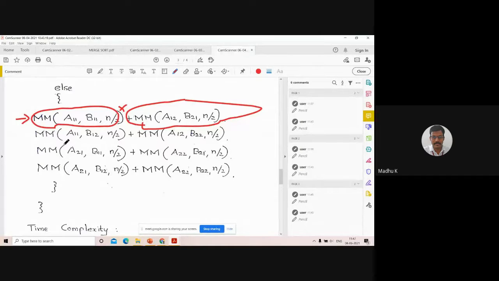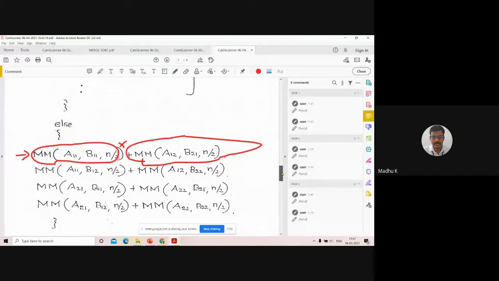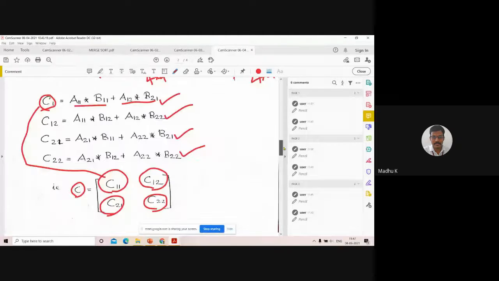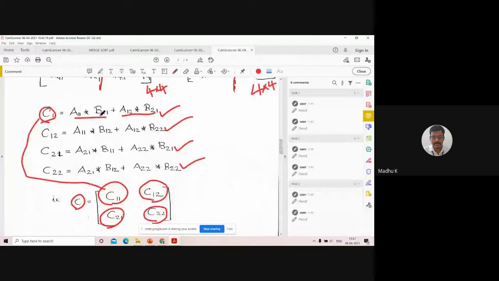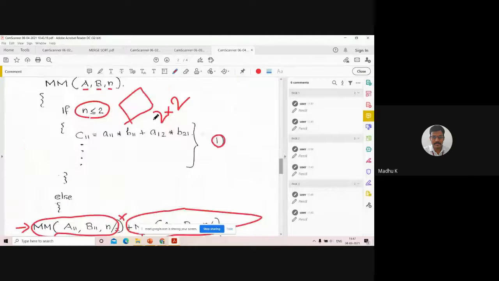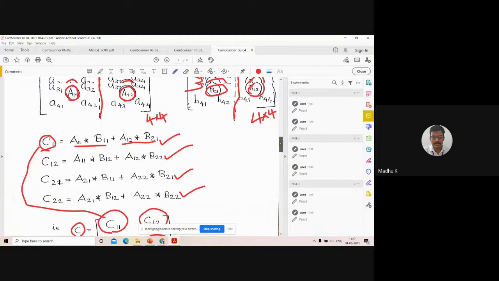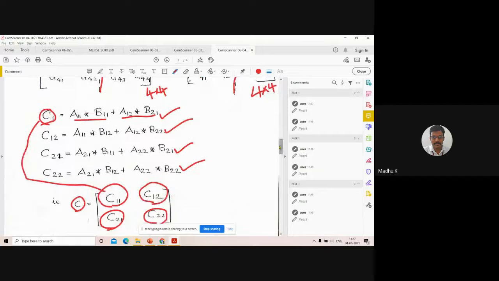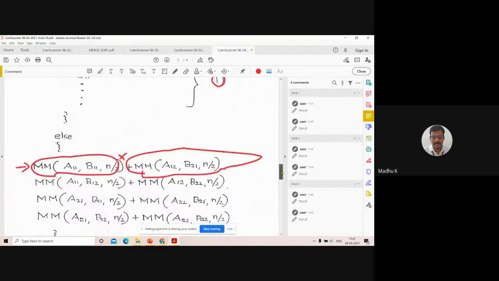Next is mm of A11, B12, n by 2 plus mm of A12, B22, n by 2, and so on. So this concept is implemented in this way. This is the algorithm for implementing this concept.